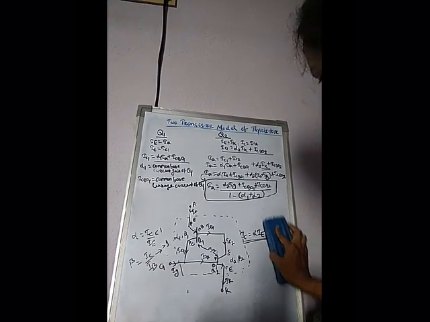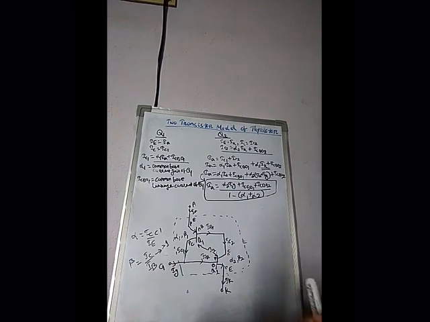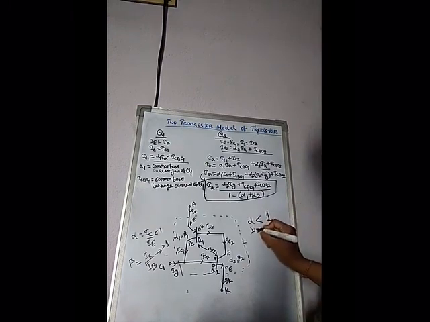Now see, for a silicon transistor, current gain alpha is very low. Alpha is less than 1. So alpha is IC by IE. Alpha is low at low emitter current.